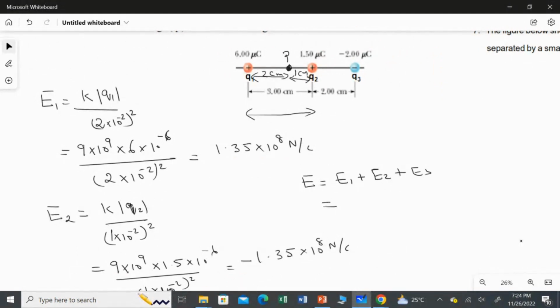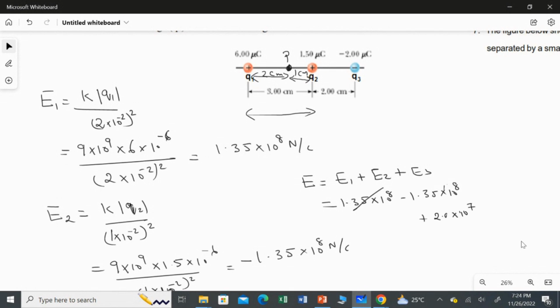The first electrical field is 1.35 10 power plus 8, the second one is minus 1.35 10 power 8, and the third one is 2.0 multiplied by 10 power plus 7.